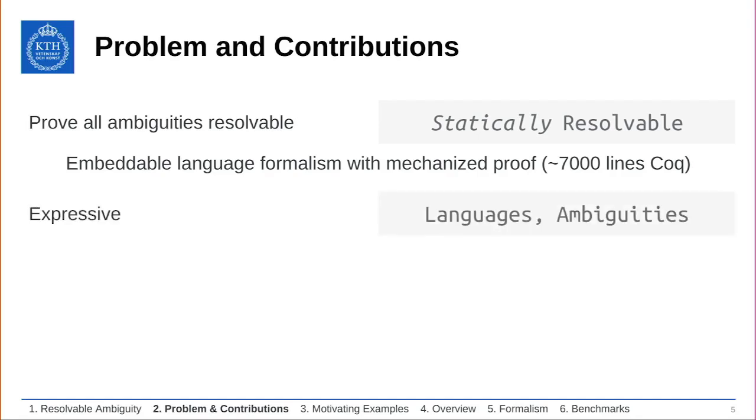We also want this formalism to be expressive. We don't want it to restrict the languages we can express. And there is a slightly different point here, which is that because we support ambiguities, it's also interesting to be able to support different kinds of ambiguity. So it's a different perspective on expressiveness that is also relevant for this work.